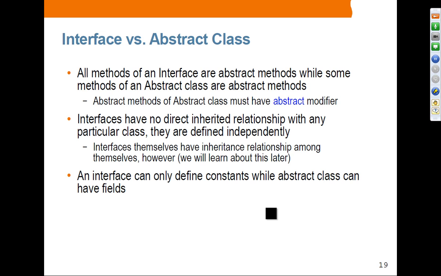Okay, so they are defined independently. So you cannot have a parent and child relationship between an interface and another class. However, interfaces themselves can have inheritance relationships. We'll talk about that later. However, an abstract class can have a parent class.